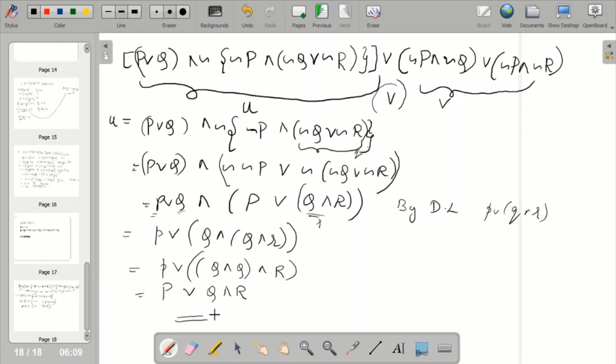Now let us solve for V. I'll erase this section and I'll solve here itself. Okay, let us solve V in this section.